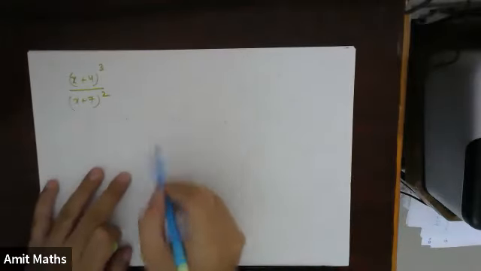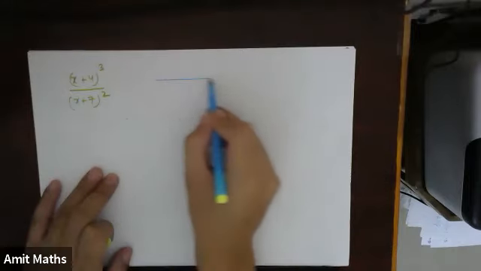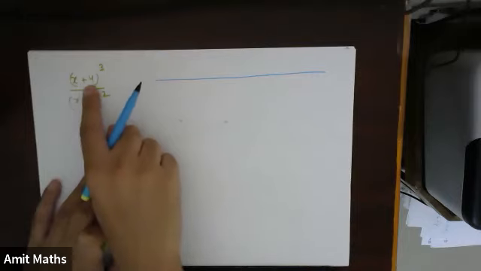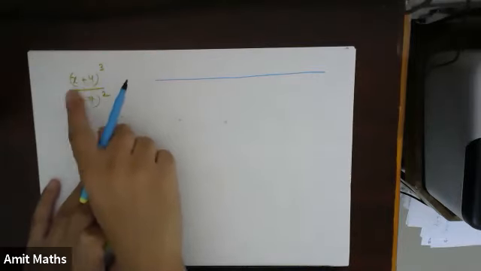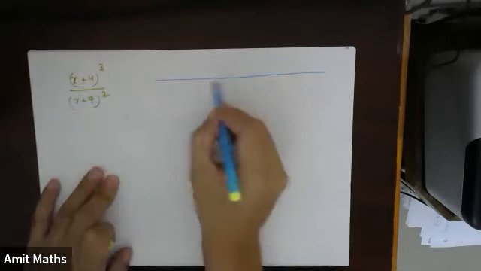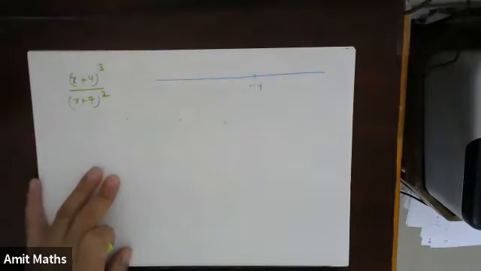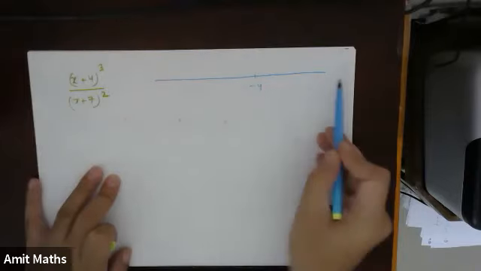I will draw a number line for x plus 4. The root of x plus 4 will be minus 4, so I will draw minus 4 here.